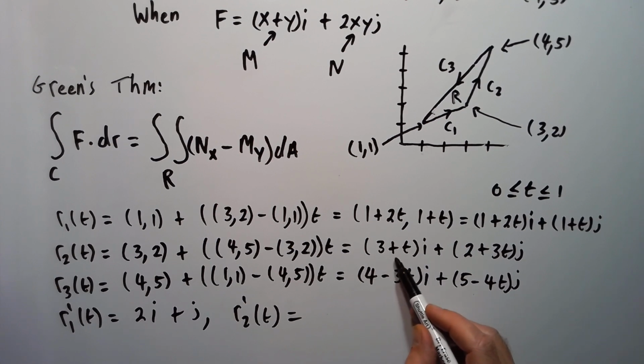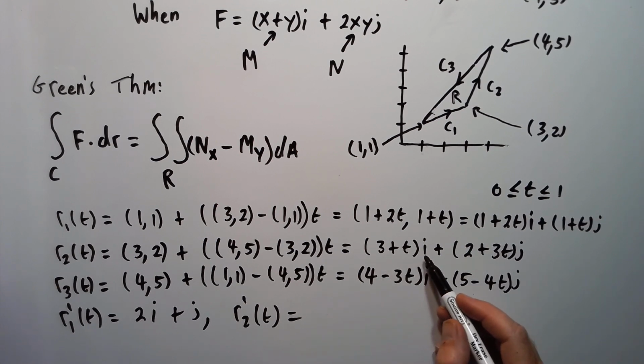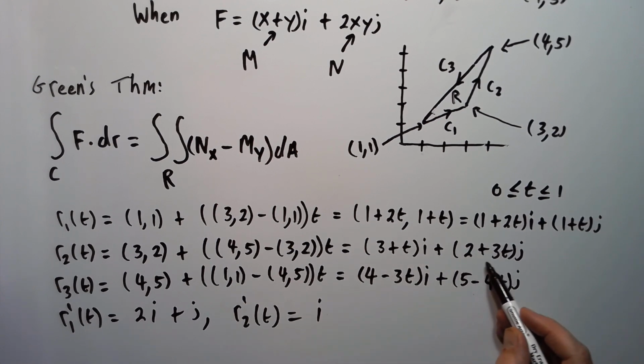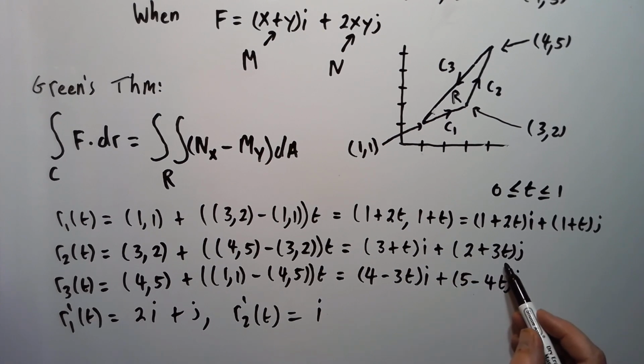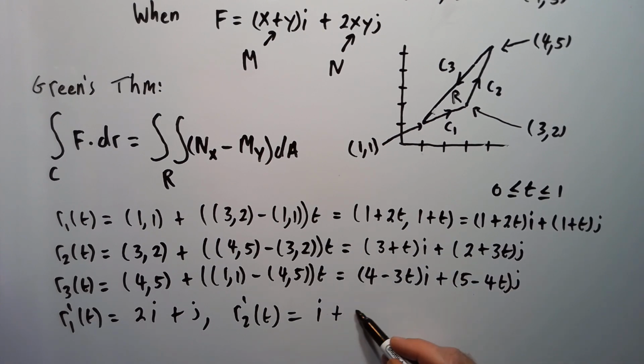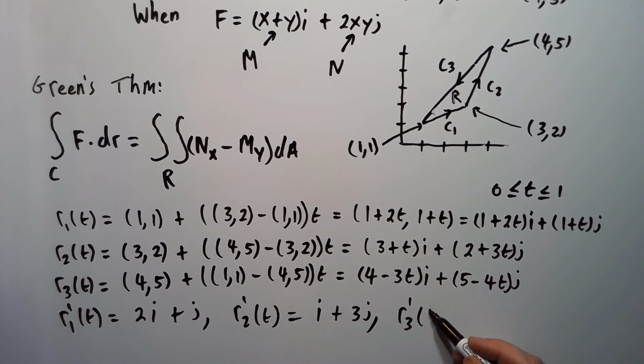The derivative of this with respect to t would just be 1, so it'd be just an i there. And the derivative of this with respect to t would be 3j. And lastly, R3 prime, so it would be minus 3i minus 4j. Okay, so now let's start doing the line integrals.